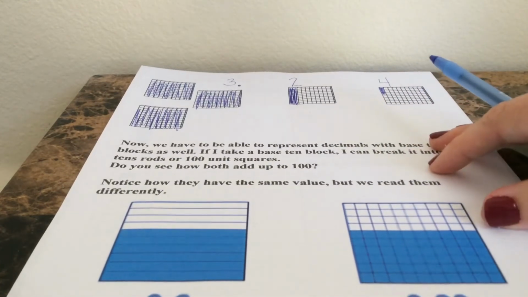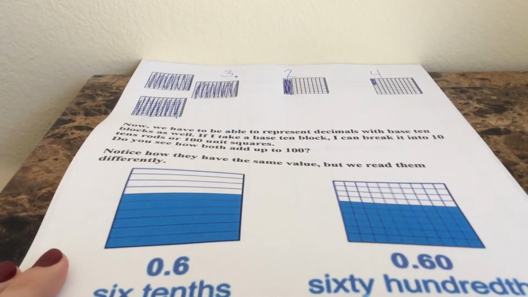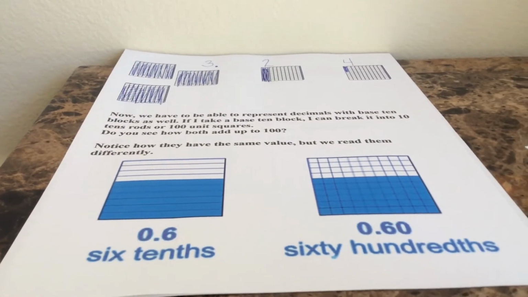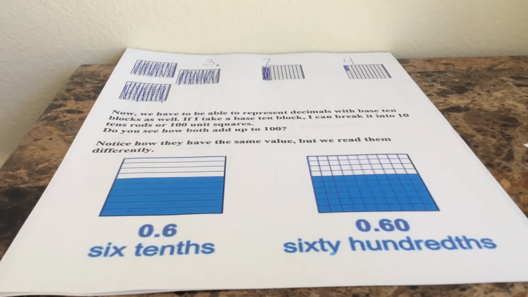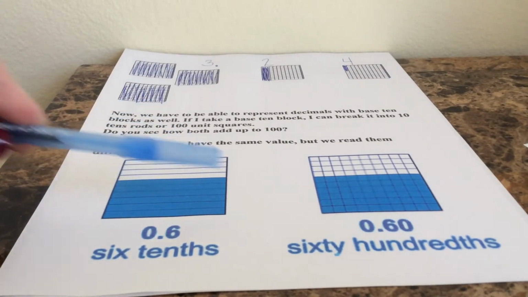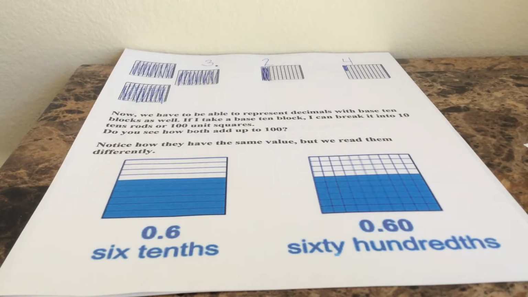Notice here how I have the same value, but we will read them slightly differently. They are the exact same size box. One I have broken down into 10 tens rods, and the other I have broken up into 100 unit cubes. They both equal 100, which is our whole.